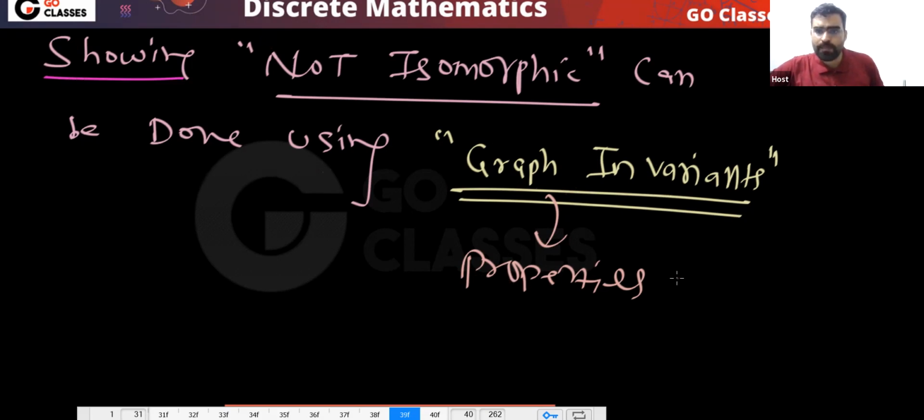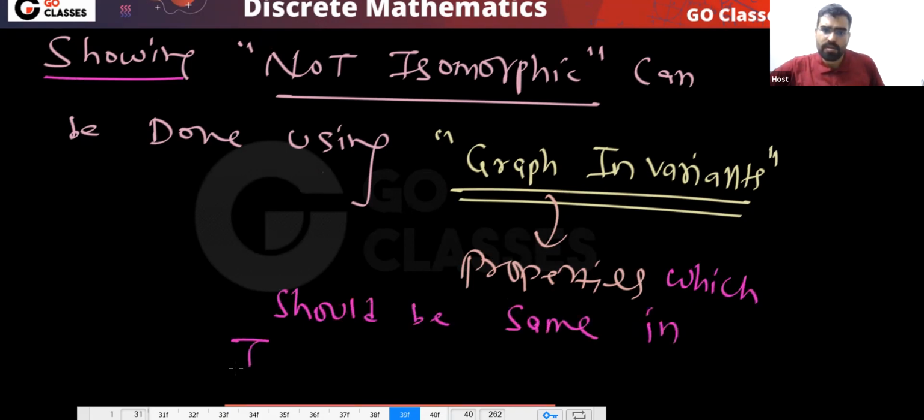These graph invariants are properties which must be the same in isomorphic graphs. Are you getting what I'm saying?